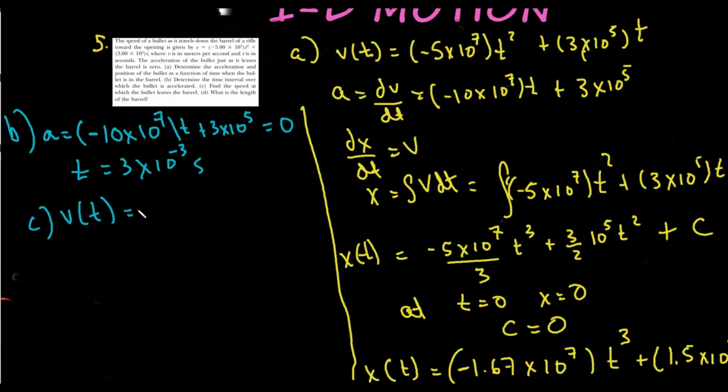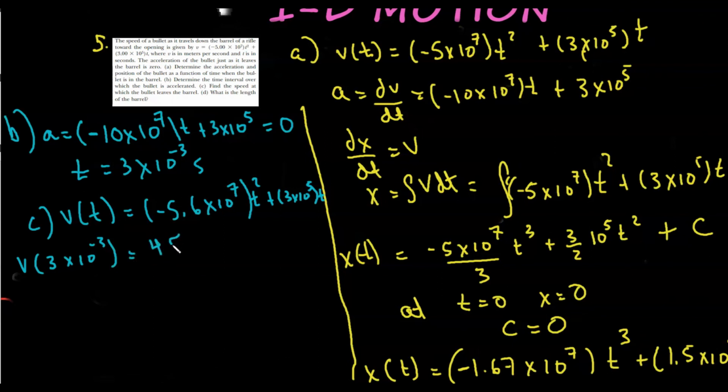Our velocity function is negative 5 times 10 to the 7 t squared plus 3 times 10 to the 5 t. If I plug in 3 times 10 to the negative 3 for our time, you get 450 meters a second.